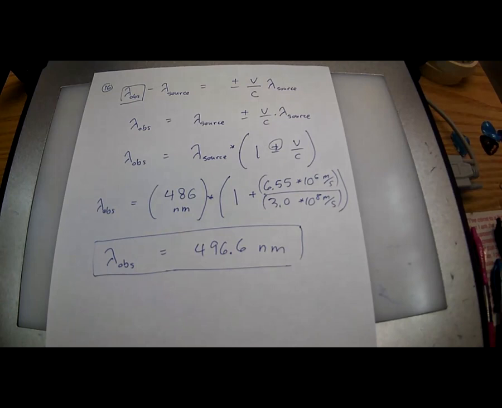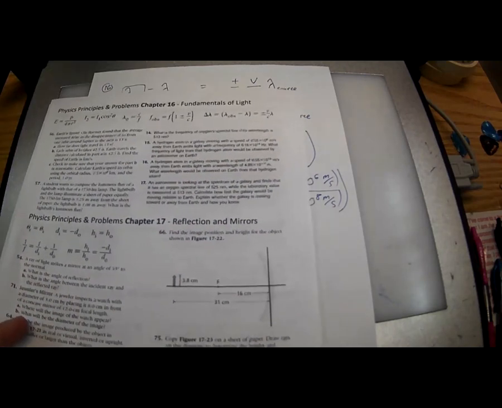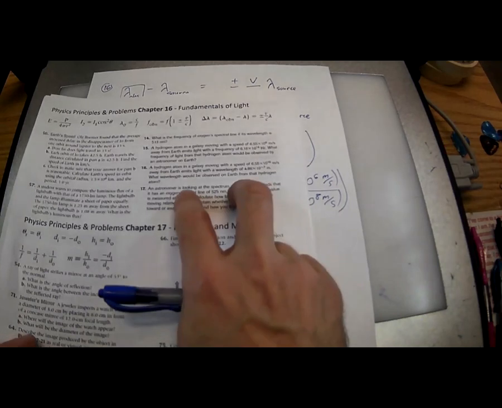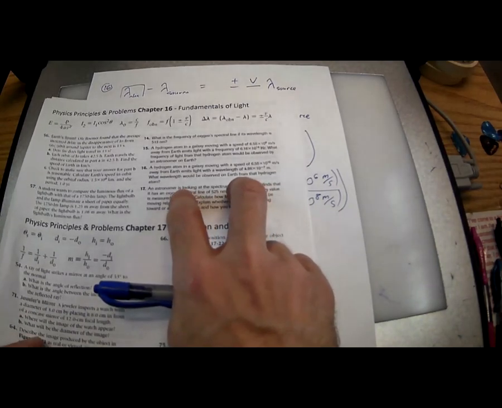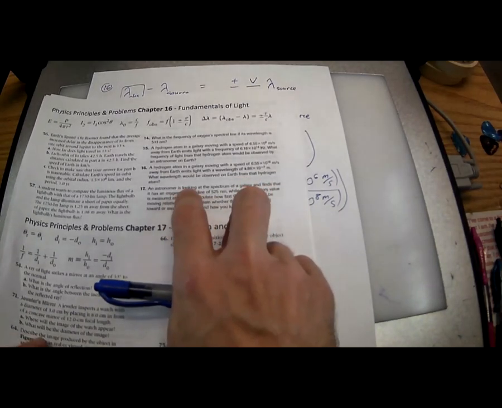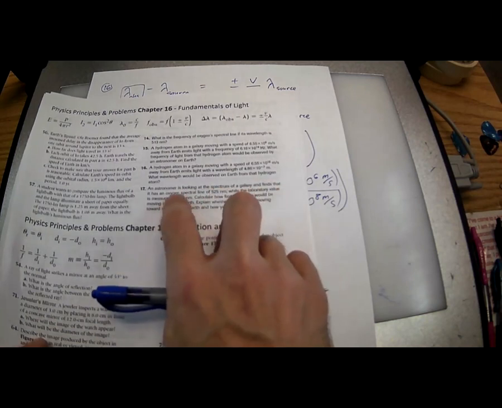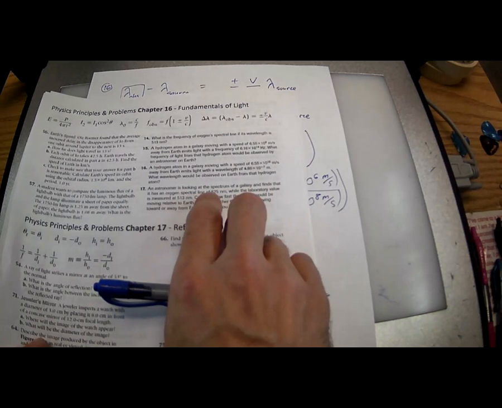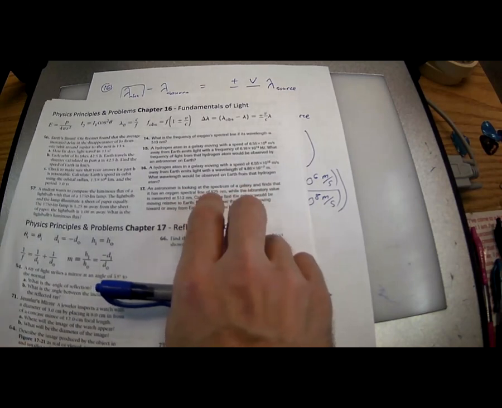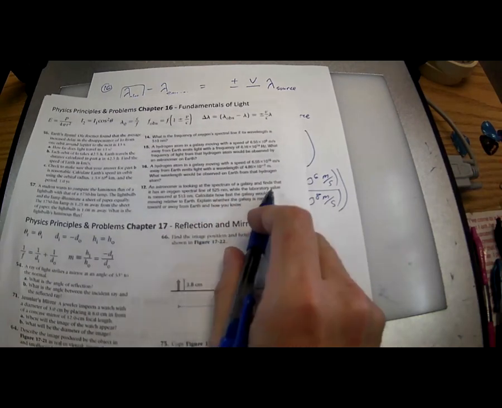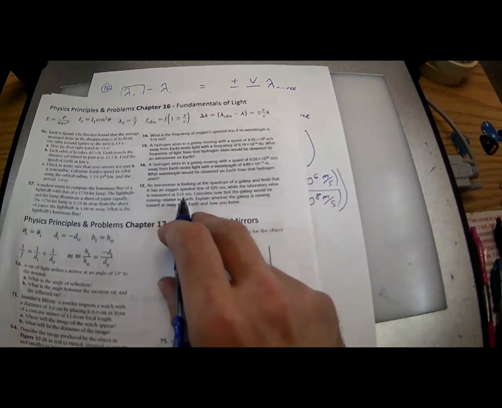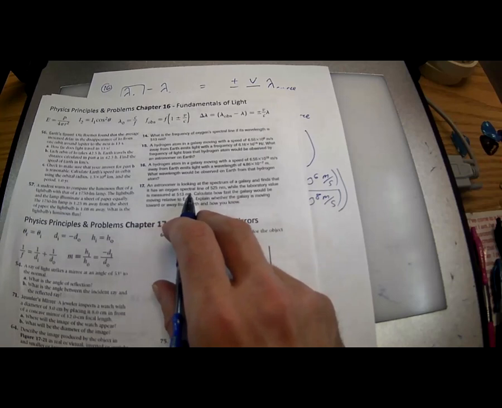And 17. So this is going to close our chapter 16 problems. Now question 17 is actually my favorite of these questions because it's close to what an astronomer would actually do, if you guys ever become an astronomer. Looking at the spectrum of a galaxy, one finds that an oxygen spectral line, you guys remember those spectral lines from Paul Hewitt's book, is 525 nanometers, but the lab value of that same oxygen spectral line should have been 513.